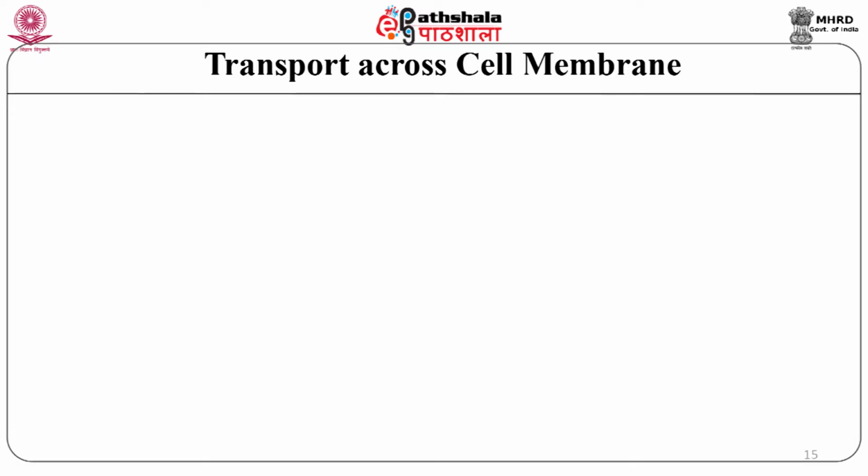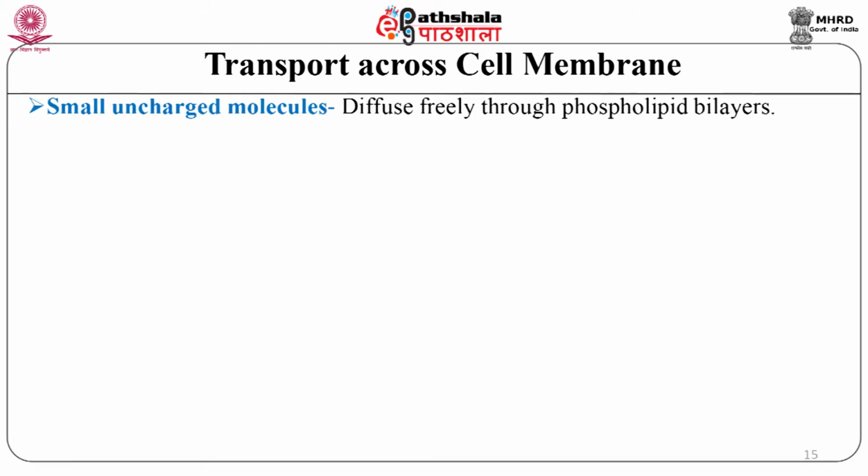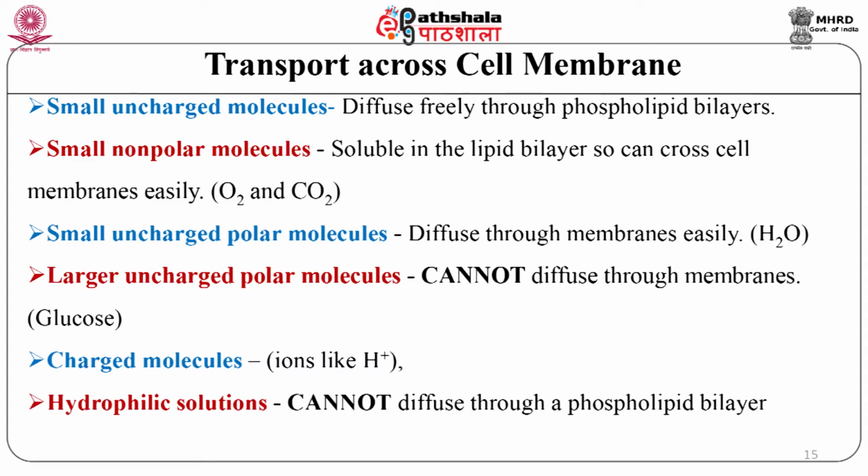Due to selective permeability, a cell can control and maintain its internal composition. In a cell, small uncharged molecules can diffuse freely through phospholipid bilayers. Small non-polar molecules, for example O2 and CO2, are soluble in the lipid bilayer, so can cross over cell membranes easily.